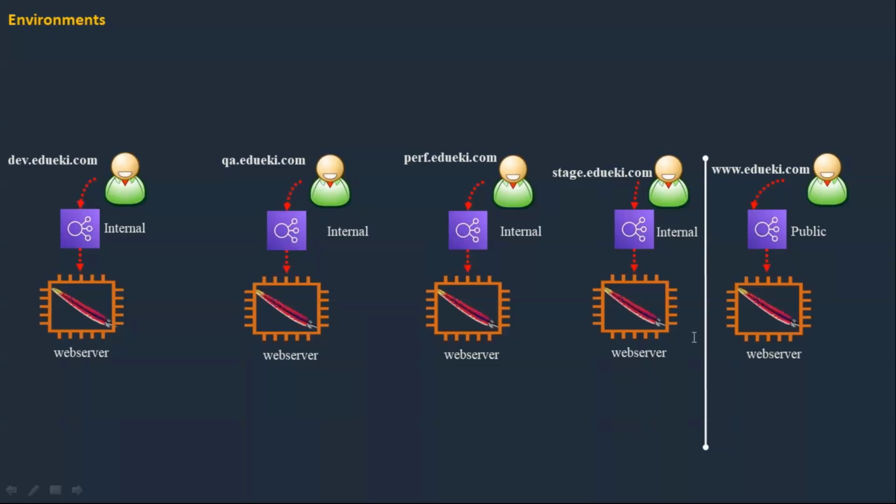So I'm using the terminology called configuration inconsistency. Okay, that's the term. So because of the configuration inconsistency between the environment to environment, right? So the code may not work as expected.